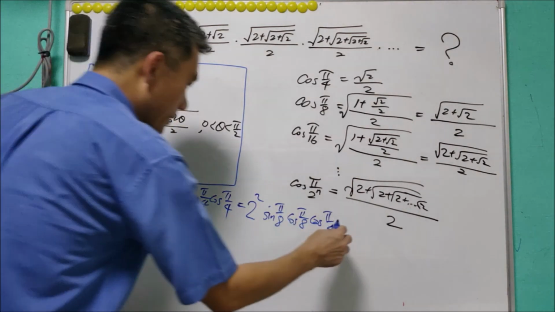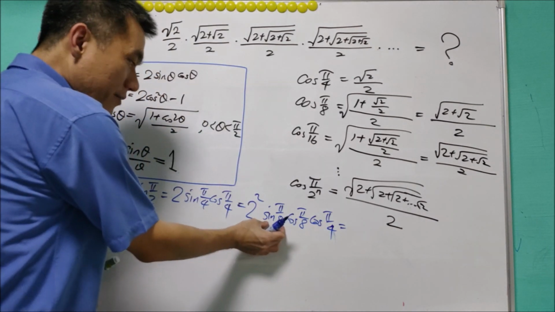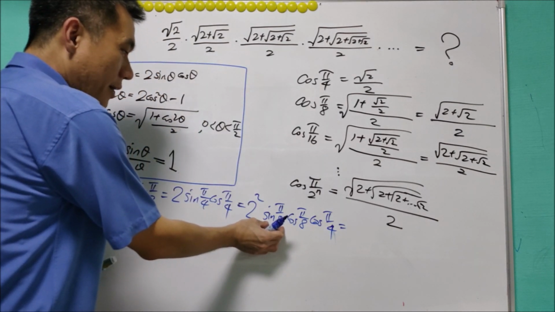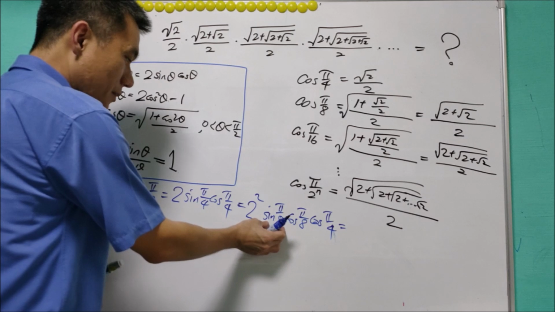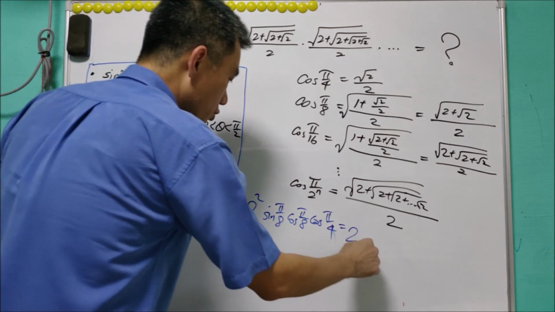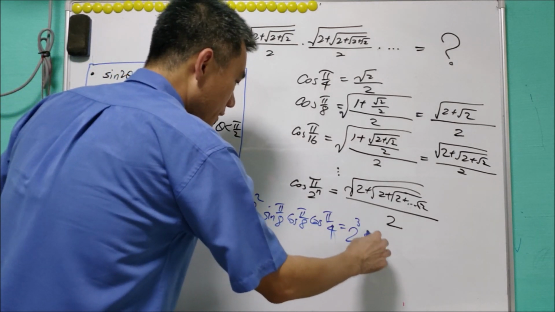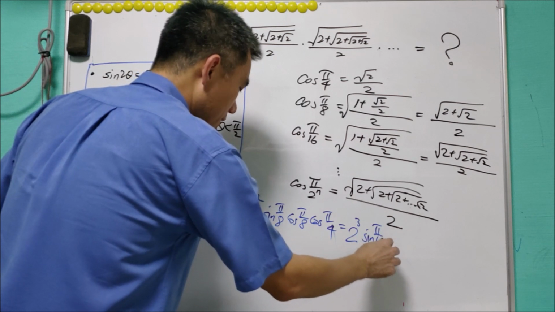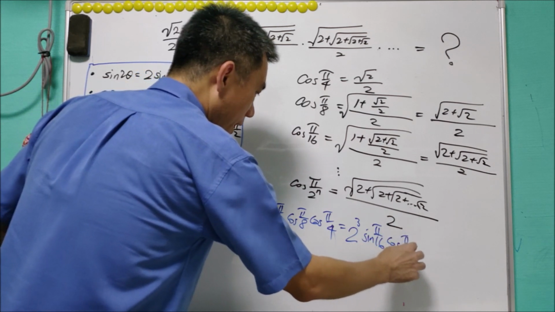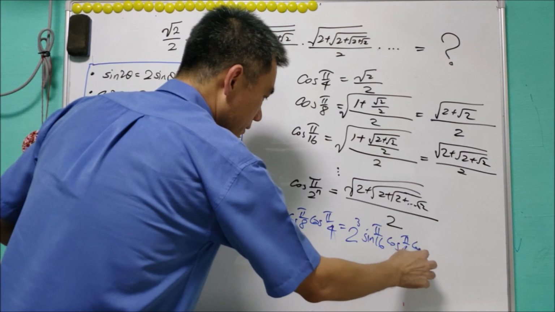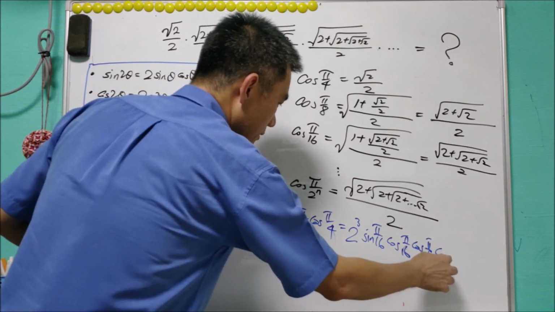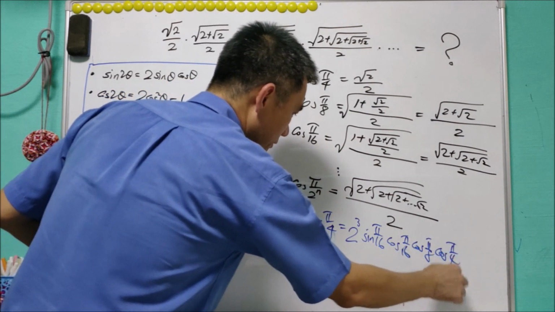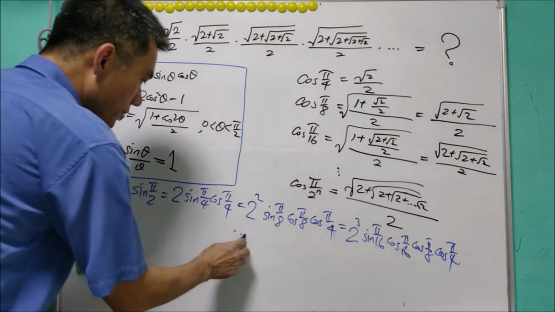Okay, maybe we do one more time. Sine pi over 8 equals 2 sine pi over 16 cosine pi over 16. The 2 combined with this is 2 to the power of 3, times sine pi over 16 cosine pi over 16, then cosine pi over 8 cosine pi over 4. And this will continue.